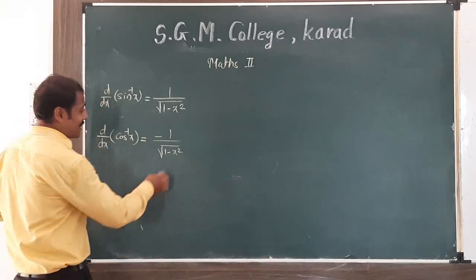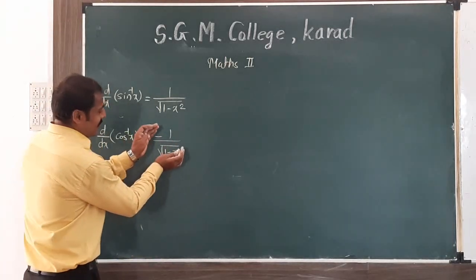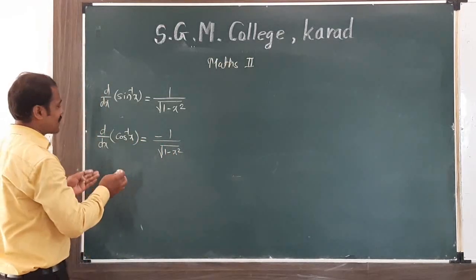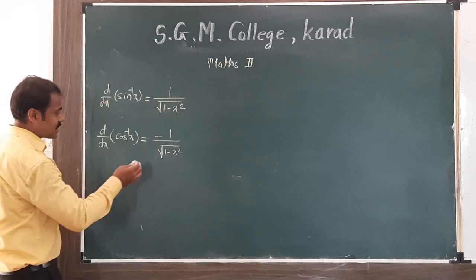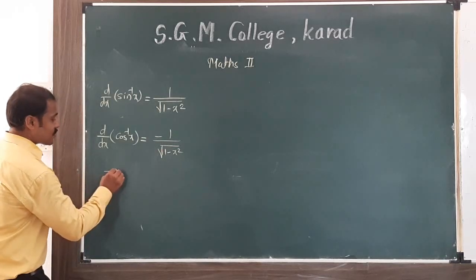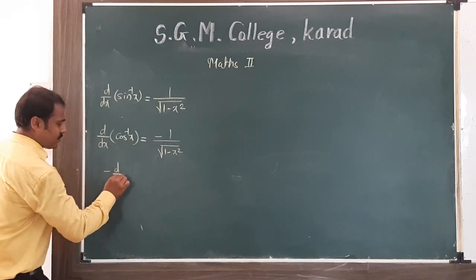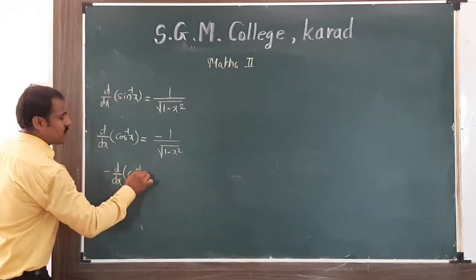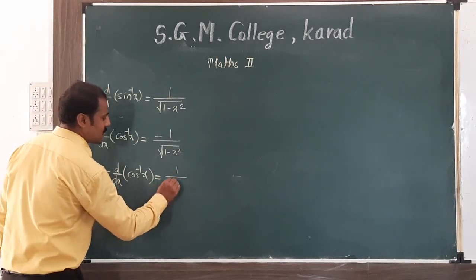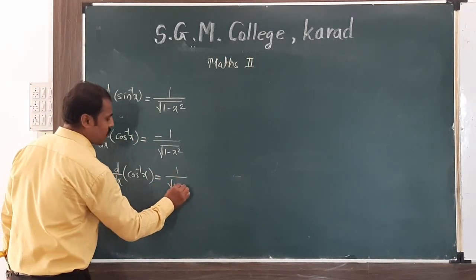Now we are interested in finding the formulas for integration, not for the plus sign, minus sign, etc. Constant terms, so multiplying both sides by minus 1. So it becomes minus d/dx of cos inverse x is equal to minus minus becomes plus 1 upon root of 1 minus x square.